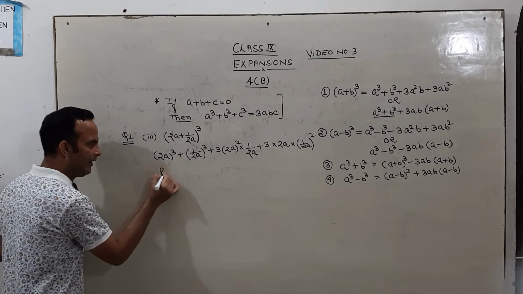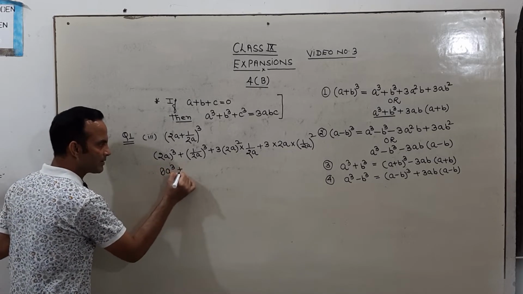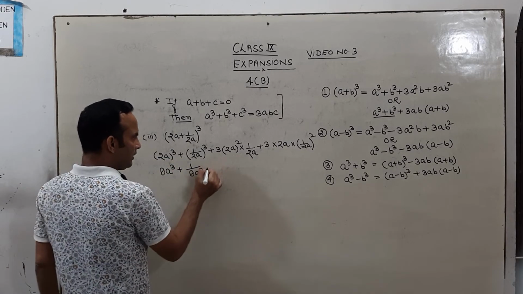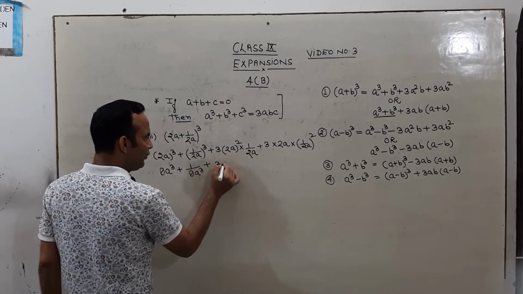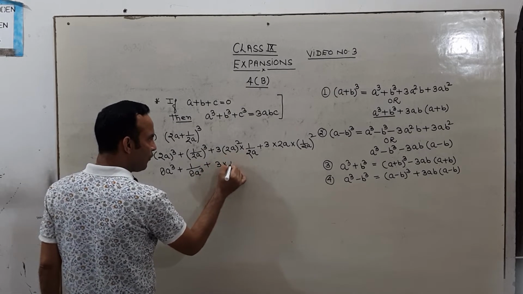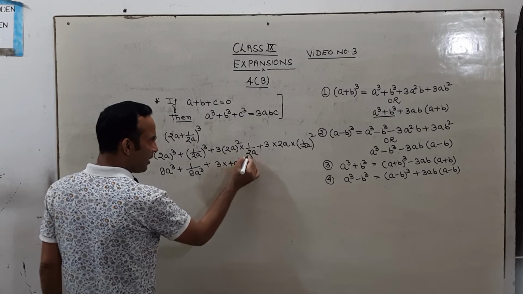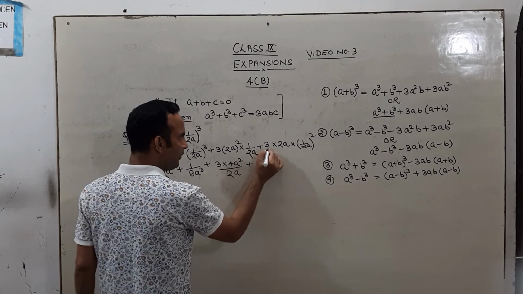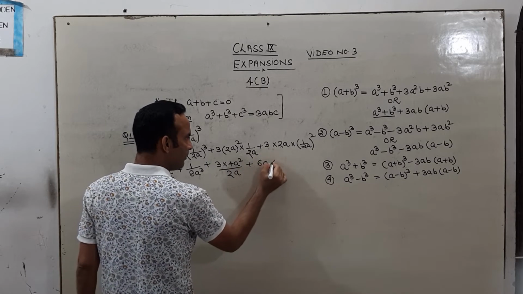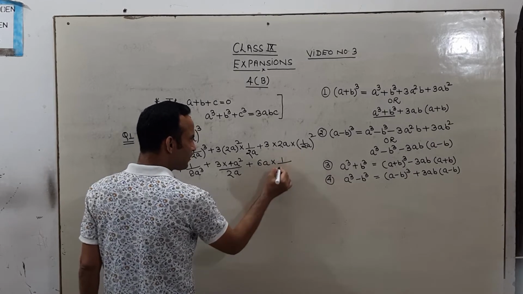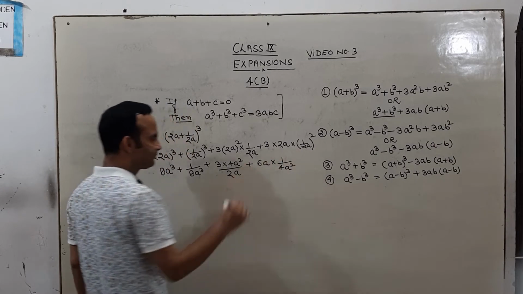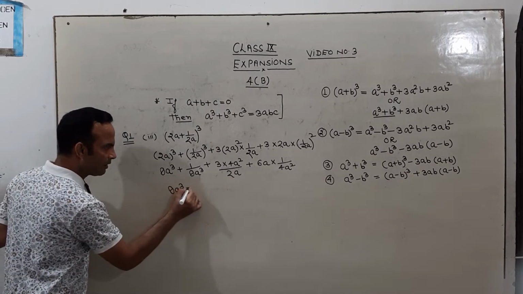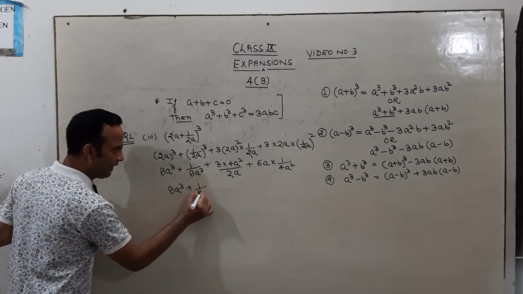This is what 8a cube + 1 upon 8a cube. This is what 3 into the square of this portion, 4a square, upon 2a. See here, 3 times 2a is 6a multiplied with 1 upon the square of this portion, 4a square. We can write it as 8a cube + 1 upon 8a cube.